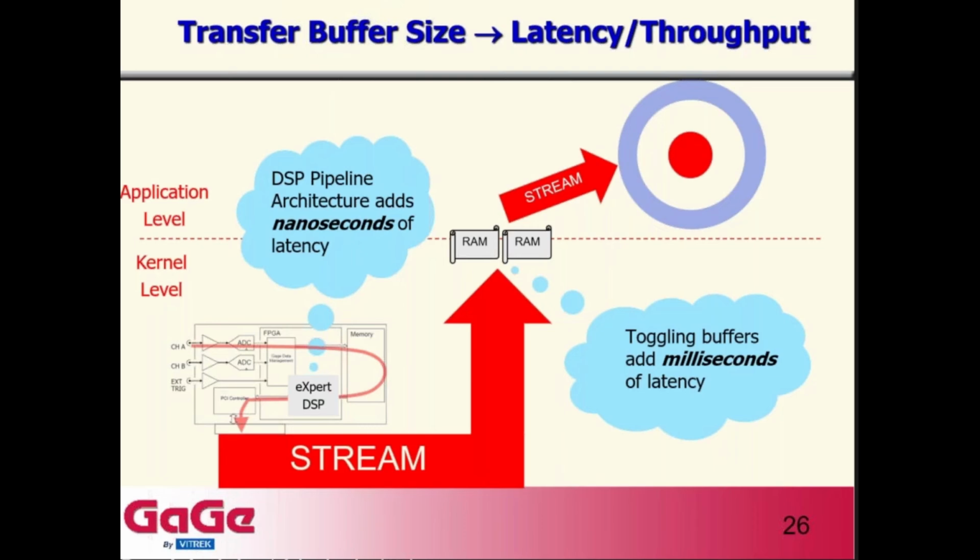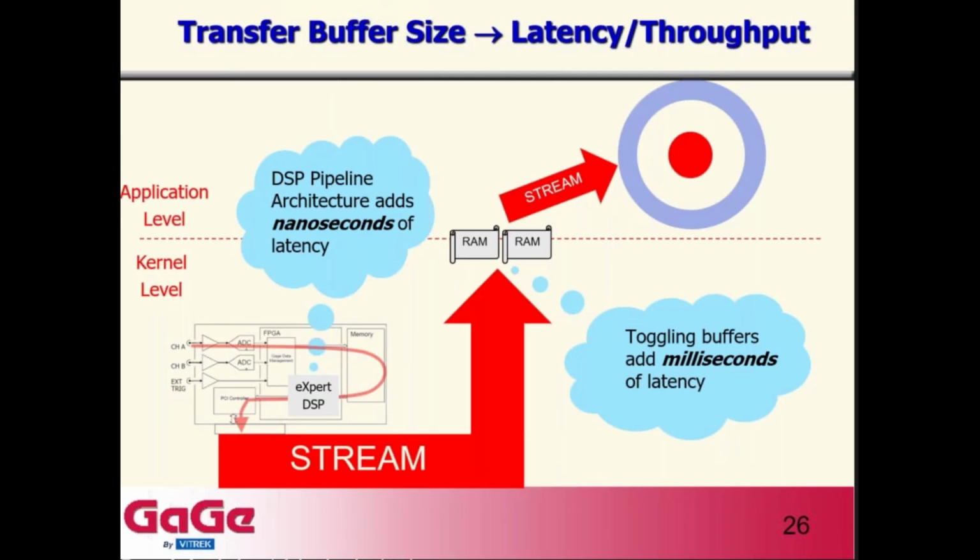By contrast, the buffers that we talked about, the dual toggling buffers that we use to transfer the data to PC RAM, those typically hold data that corresponds to milliseconds worth of data. And if you think about it, if you're filling this buffer and then transferring it, the first points that you fill in the buffer become old.